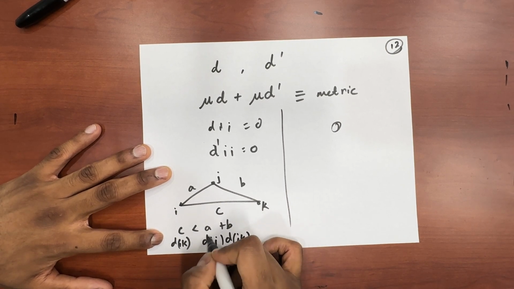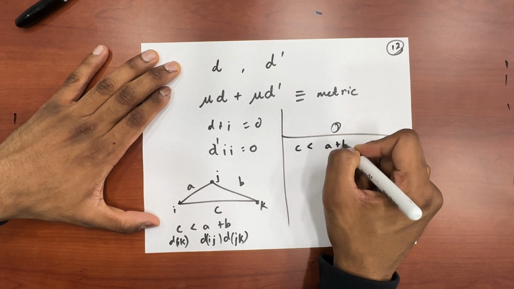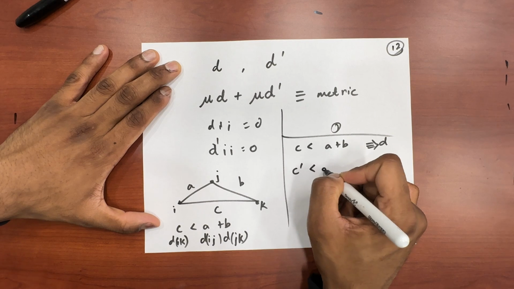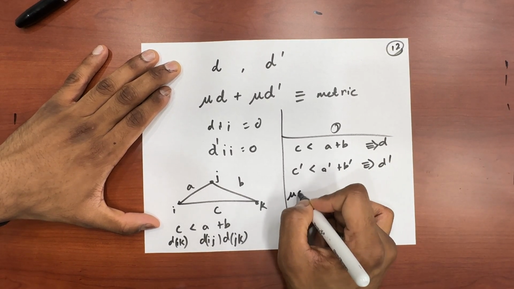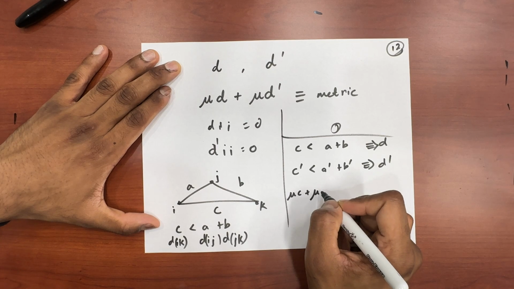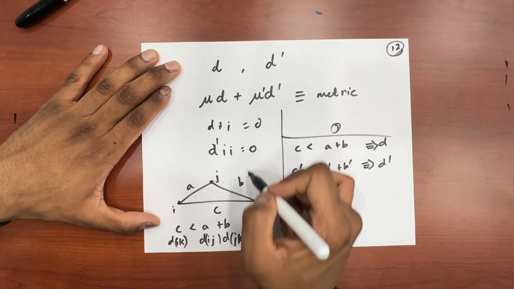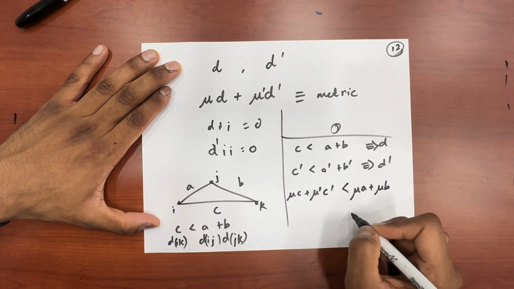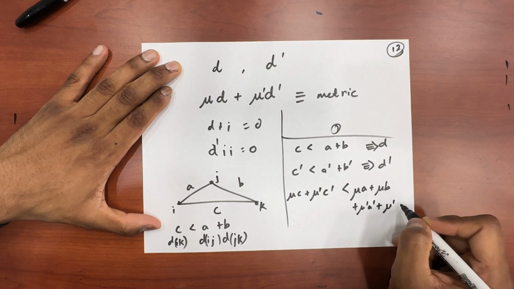So C is less than A plus B in metric D, and C prime is less than A prime plus B prime in metric D prime. So mu C plus mu prime C prime is less than mu A plus mu B plus mu prime A prime plus mu prime B prime, right?